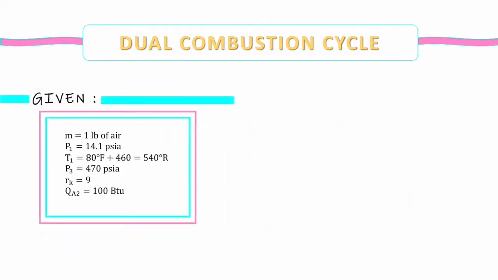For the given, we have a mass equals to 1 pound of air, pressure at point 1 equals to 14.1 psi absolute, temperature at point 1 equals to 80 degree Fahrenheit plus 460 equals to 540 Rankine. Pressure at point 3 is equals to 470 psi absolute, Rk is equals to 9, and QA2 is equals to 100 BTU.